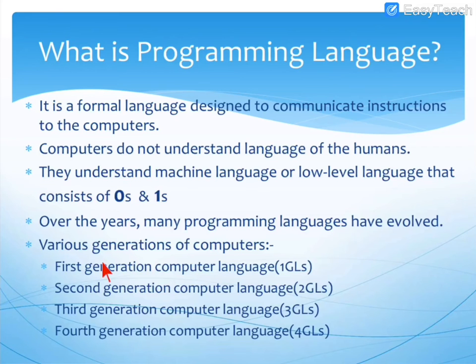Over the years, the programming languages have evolved greatly, and mostly they are grouped into these four categories: first generation computer languages, second generation computer languages, third and fourth generation computer languages. So we are going to study each of these generation languages one by one. Let's get started with the first generation computer languages.